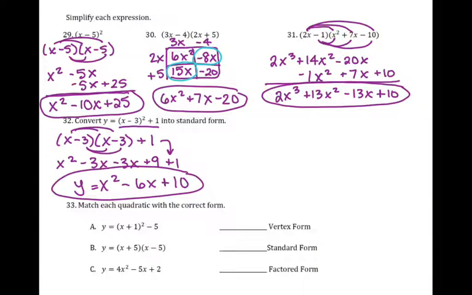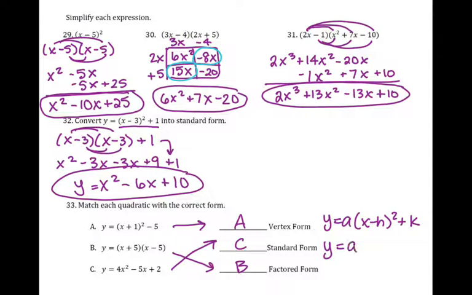All right, 33. Match each quadratic with the correct form. Letter A is vertex form. Letter B is factored form. And letter C is standard form. So vertex form is y equals a x minus h squared plus k. So you're looking for something that looks like that.